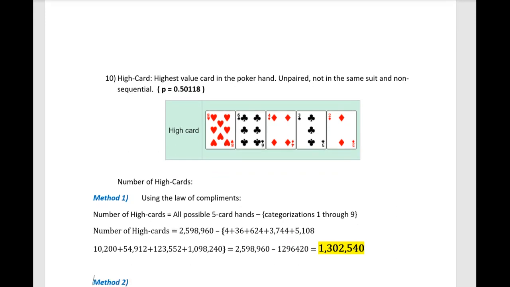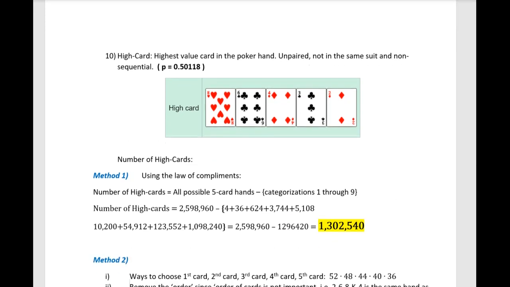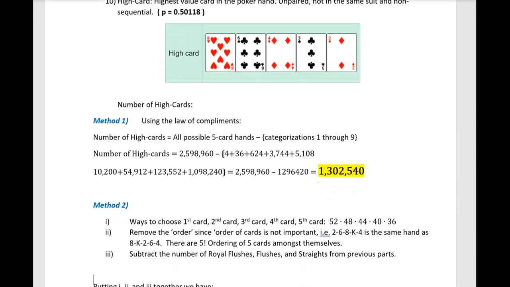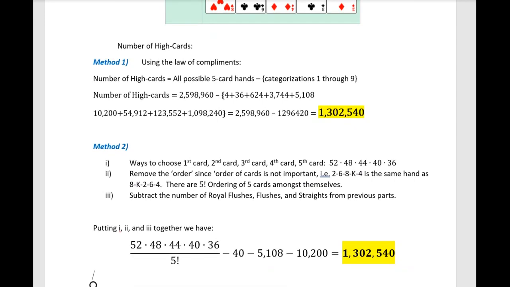The next method that I'm going to show you is actually, let me display it, this one, which is also manageable. So what's the strategy here? Well, the strategy is to take a look at how many ways we can choose the first card, second card, and so on.